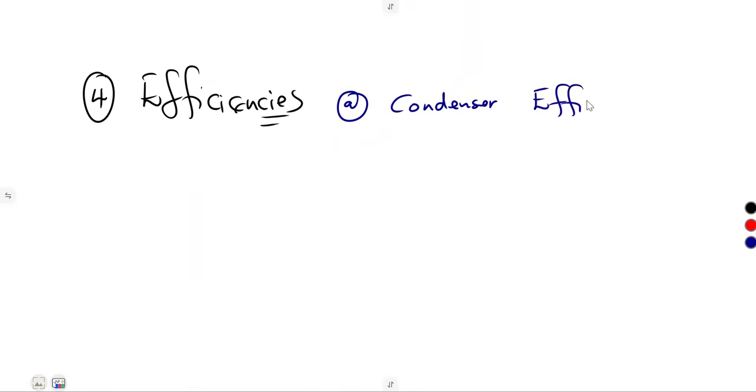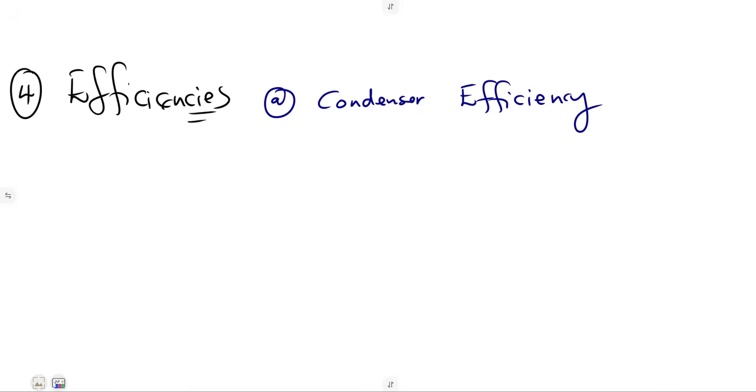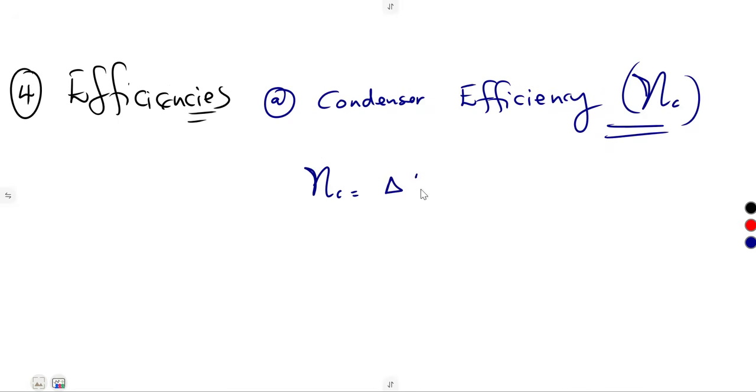I'm just going to write it in short, you can write it as condenser efficiency, just put a C there, like this. So our condenser efficiency, just going to write as ηC. So condenser efficiency is taken from the change in temperature for the cooling water over the change in temperature for steam to water.